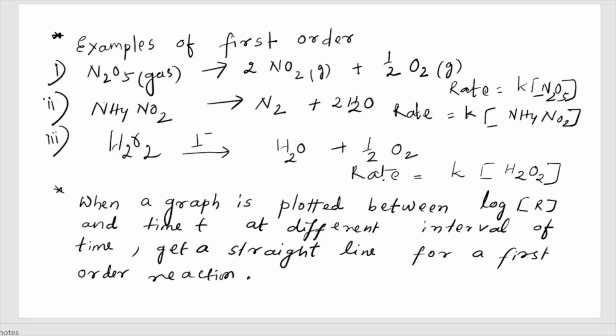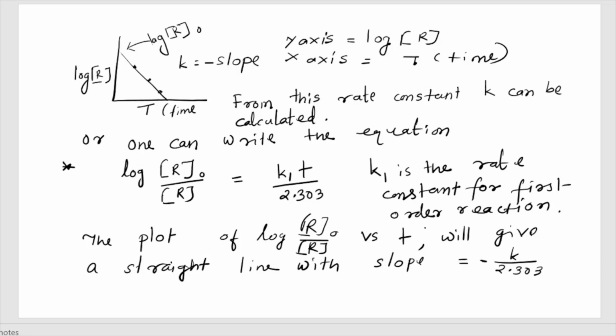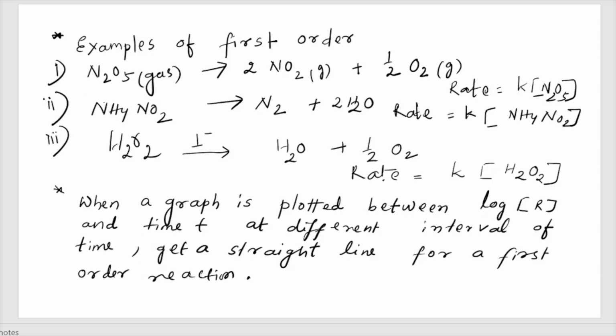So you see, when a graph is plotted between log R, here the equation you should write, how we will draw that one. If you plot log R versus time at different intervals of time, with log R on the y-axis and time on the x-axis, you will get a straight line for first order.